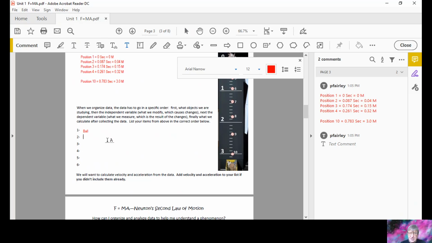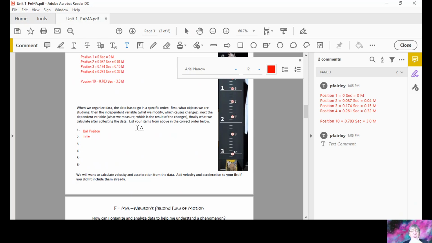In fact, I think it would be better if we called this the ball position. Then we have the amount of time that has gone by. That's causing this to change. The amount of time causes it to fall farther. As the time goes by, it keeps falling more and more.